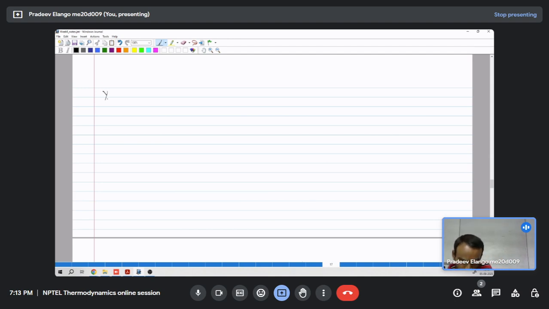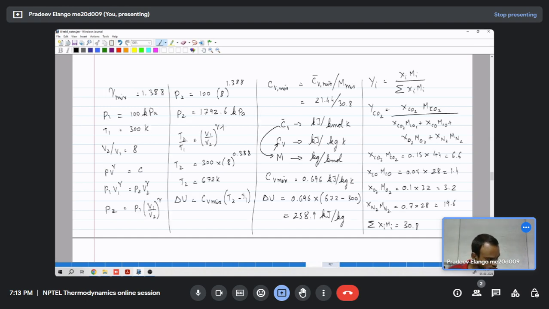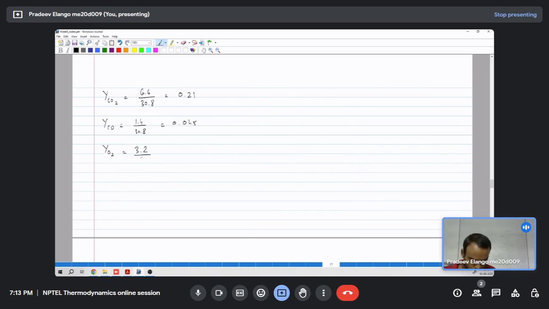Now y CO2 is 6.6 by 30.8. That is 0.21. Similarly, y of CO is 1.4 by 30.8. That is 0.045. y of oxygen is 3.2 by 30.8.